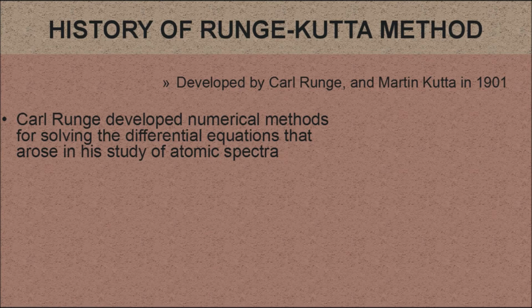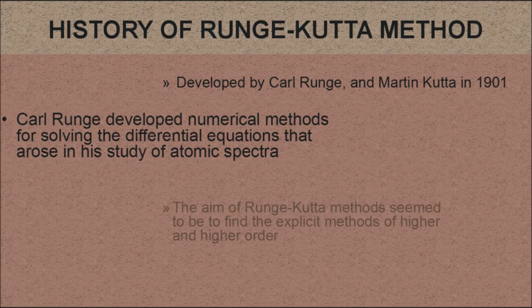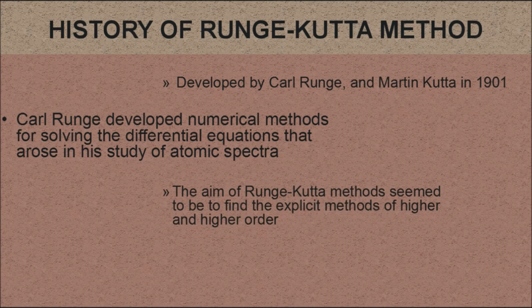Kutta, another German applied mathematician, is also remembered for his contribution to the differential equations based Kutta-Joukowski theory of airfoil lift in aerodynamics. So, in the early days of Runge Kutta methods, the aim seemed to be to find explicit methods of higher order.